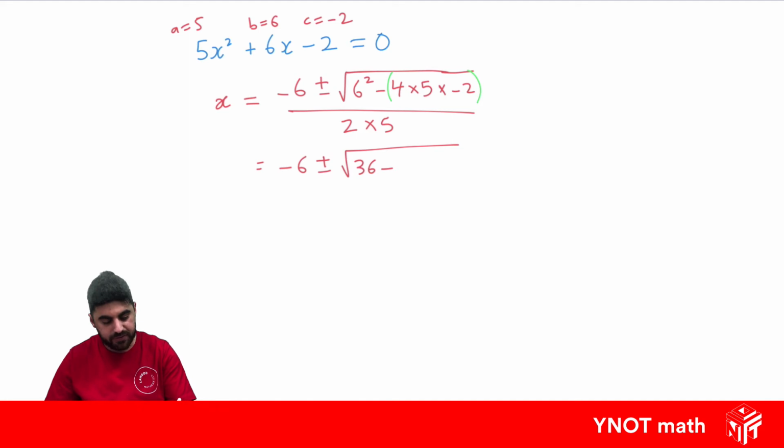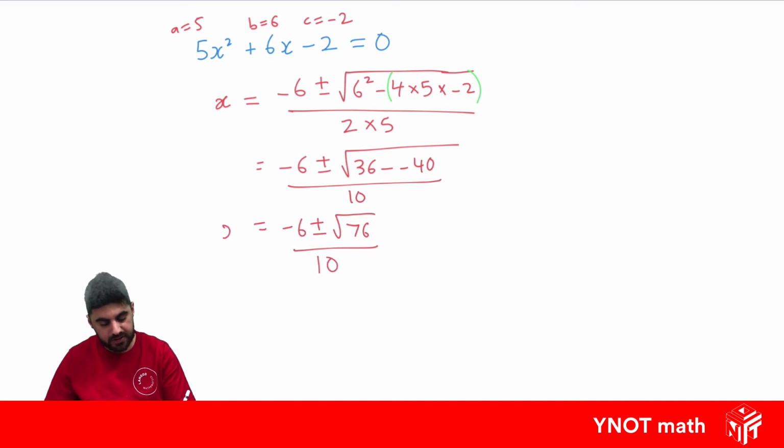So 4 times 5 is 20. 20 times minus 2 gives us minus 40, all over 2 times 5, which is 10. So we're going to get minus 6 plus or minus root. Now 36 minus minus 40 is 36 plus 40, so it's going to give us 76 over 10.